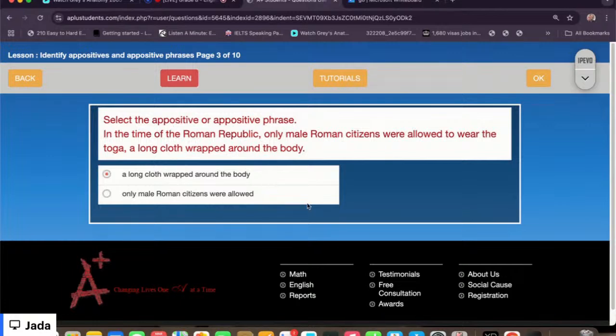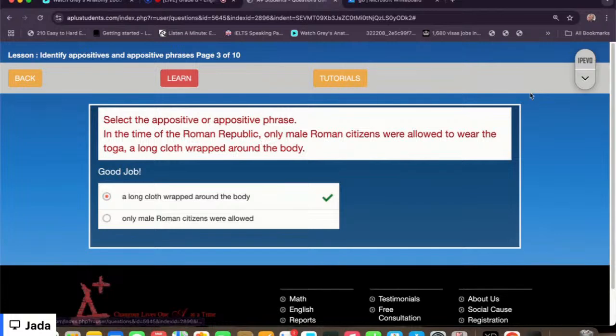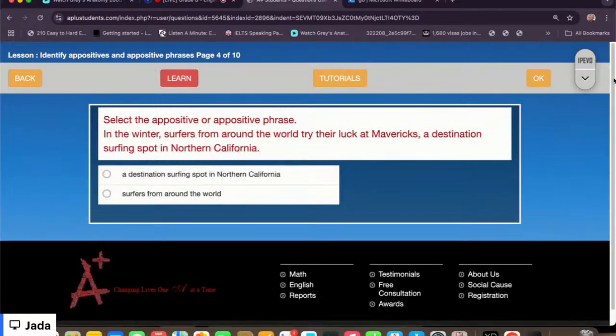All right, so we have a long cloth wrapped around the body.